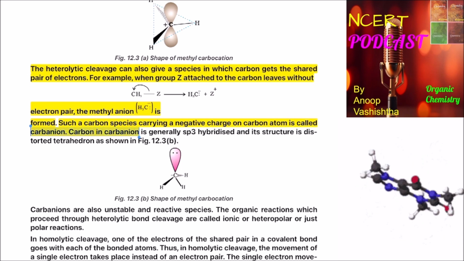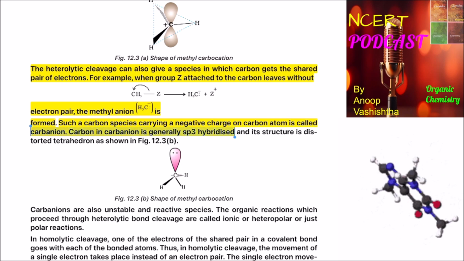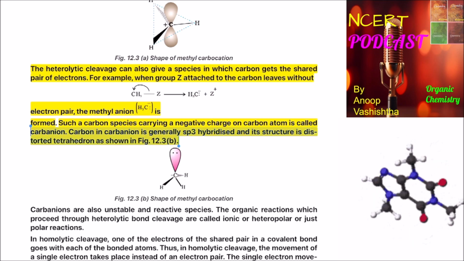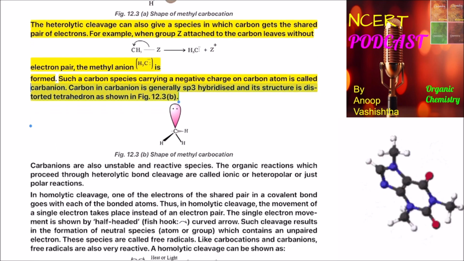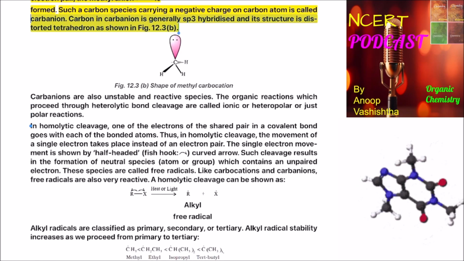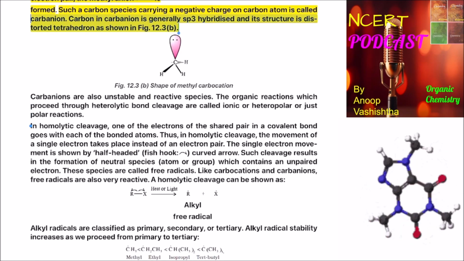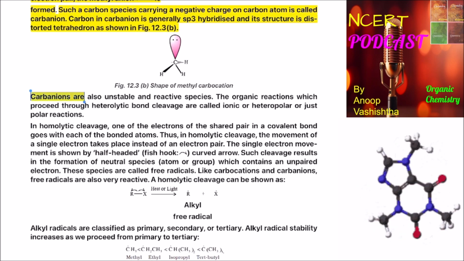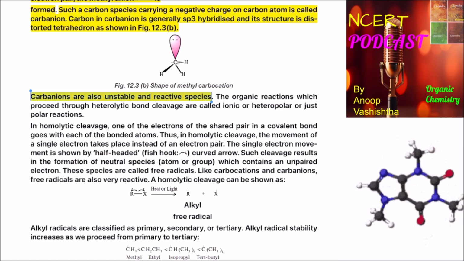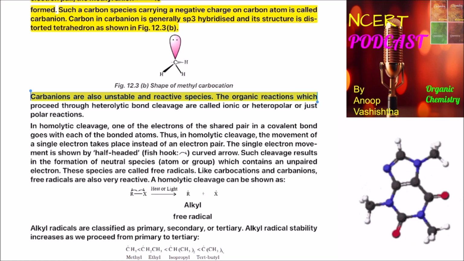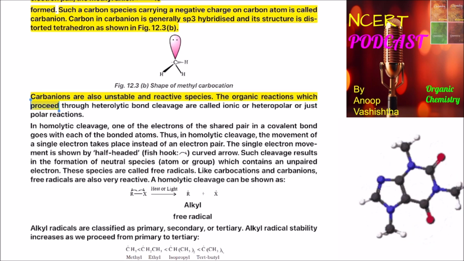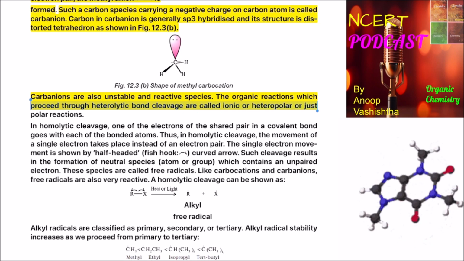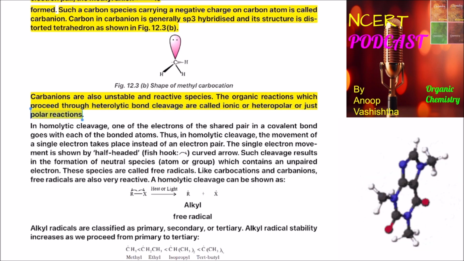Carbon in a carbanion is generally sp3 hybridized and its structure is a distorted tetrahedron as shown in figure 12.3b, shape of methyl carbanion. Carbanions are also unstable and reactive species. The organic reactions which proceed through heterolytic bond cleavage are called ionic or heteropolar or just polar reactions.